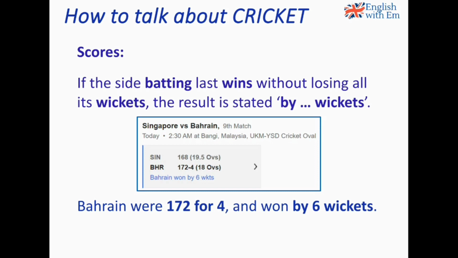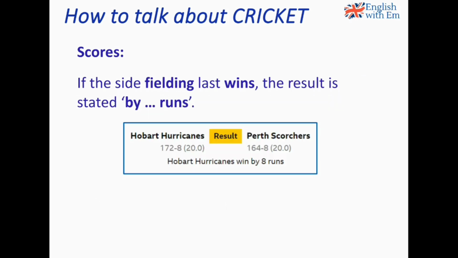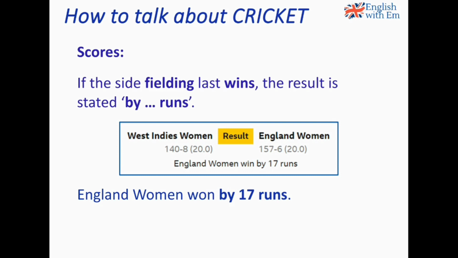Bahrain were 172 for 4 and won by 6 wickets. Now, the other situation where the fielding side wins. Hobart Hurricanes won by 8 runs. One more. England women won by 17 runs.